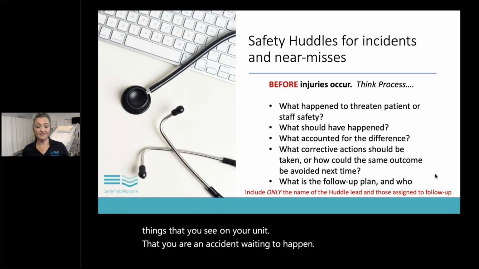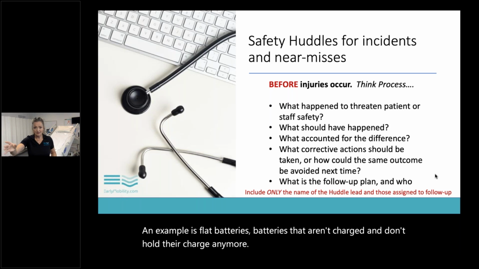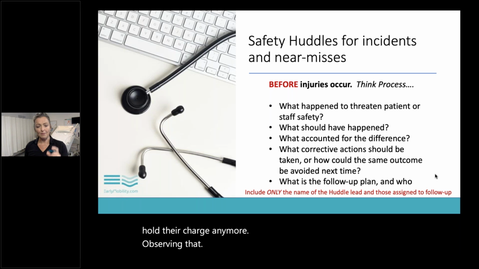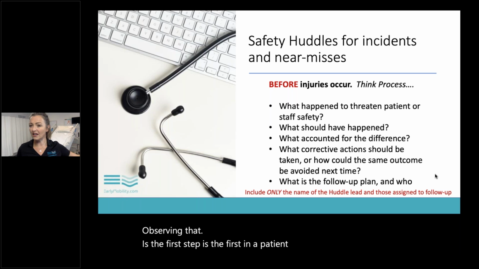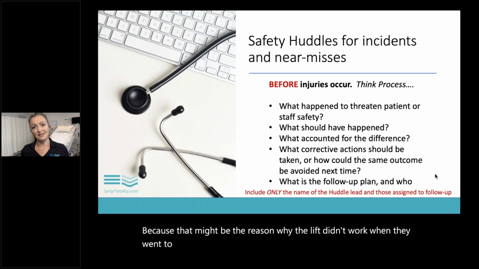An example is flat batteries that aren't charged and don't hold their charge anymore. Observing that is the first step, it's the first why in a patient fall happening or a caregiver injury happening. Because that might be the reason why the lift didn't work when they went to try it and why they went to do things manually and why the patient ended up on the floor.